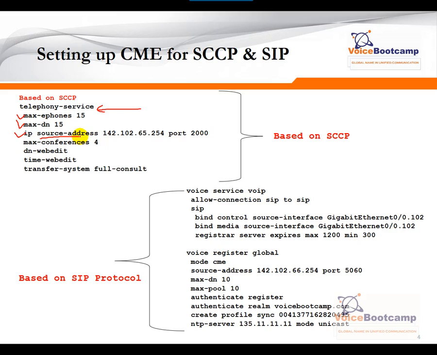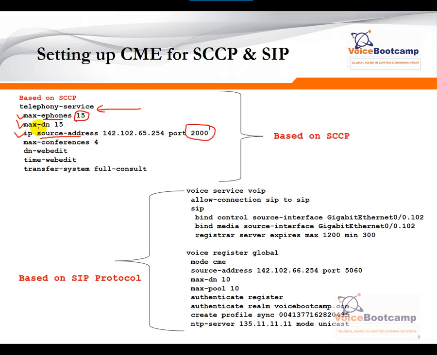Now, by default, telephony service uses port number 2000, which Cisco IP phones are designed to point to. Now, the maximum number of ephones, meaning the number of phones that can be registered, is 15, or it can go up to 400 or higher depending on the model of the router that you're using.